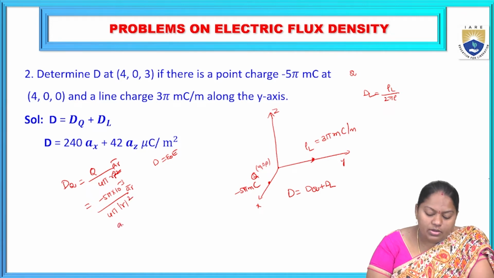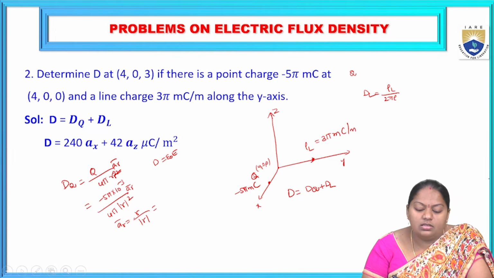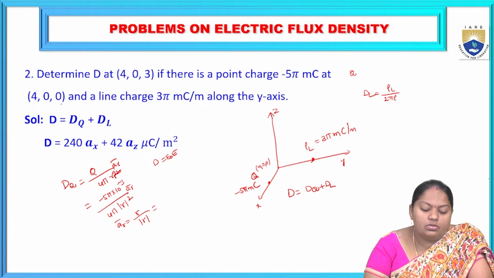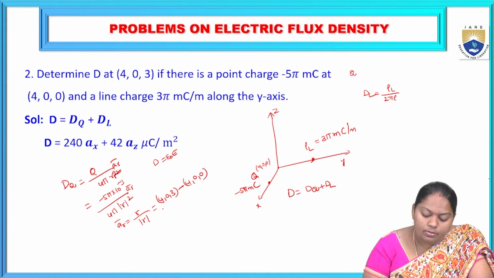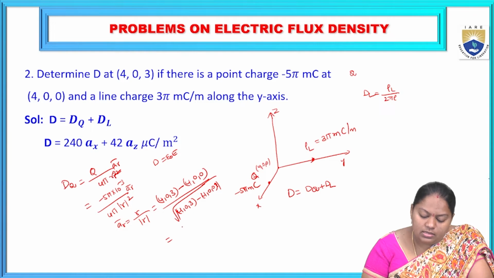How are you going to evaluate the aR value? It is R by modulus of R, and R is the distance from (4, 0, 0) to (4, 0, 3). So (4, 0, 3) minus (4, 0, 0) divided by its magnitude, which is 4 minus 4 as 0, minus 0, plus 3.